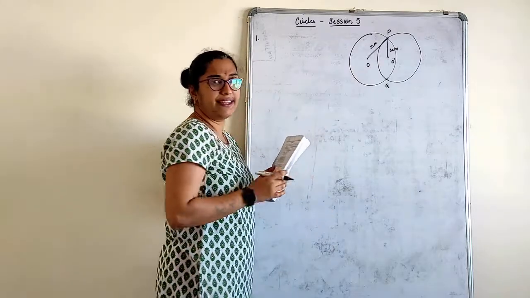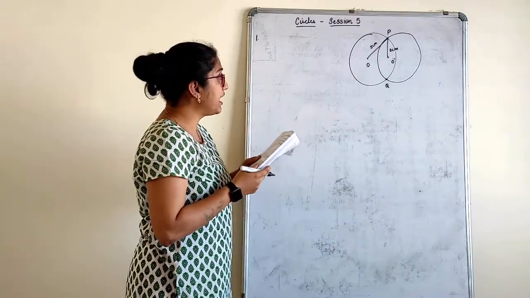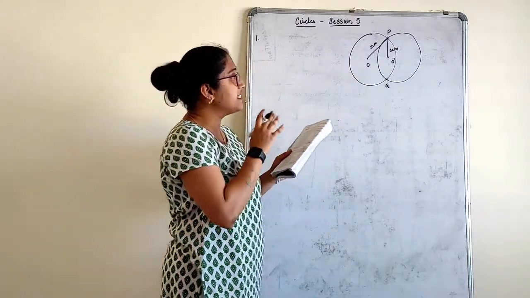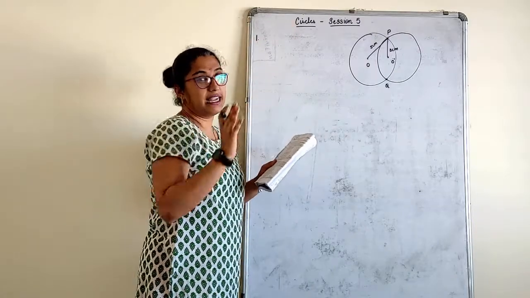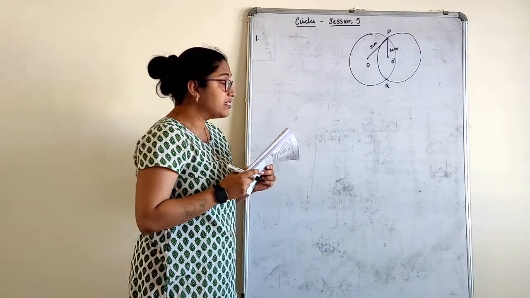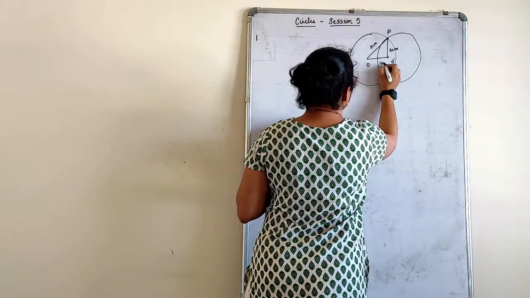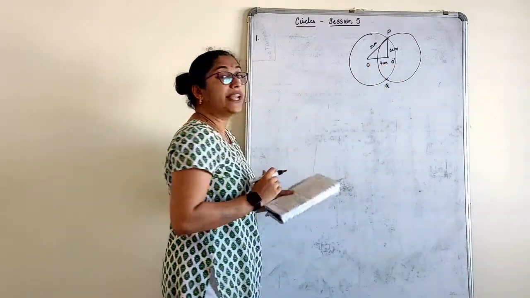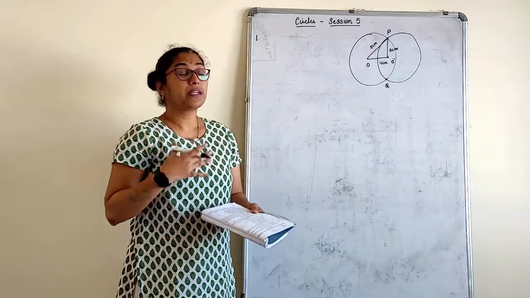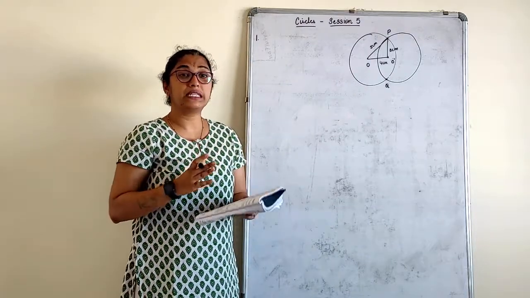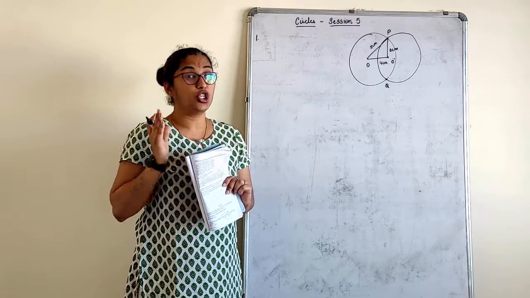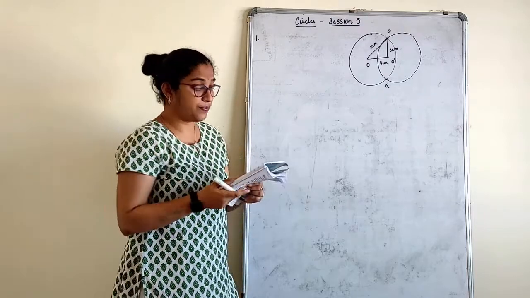Actually, it is not looking like that, but if you draw exactly, you will get it. Distance between their centers is 4 cm. This is one way of representing this figure. This same figure can be represented in different ways, and the solution also will come in its own different way.